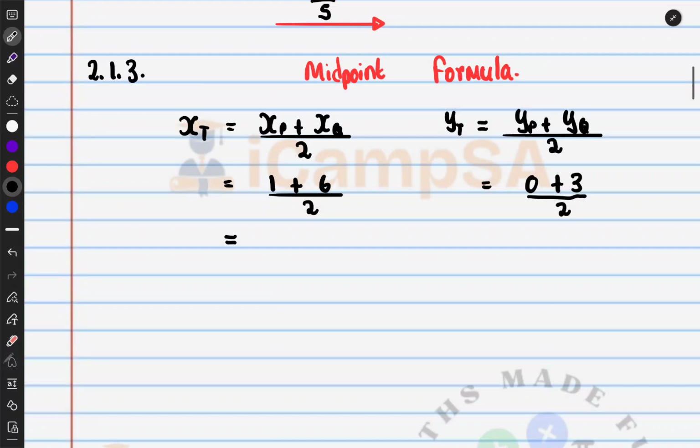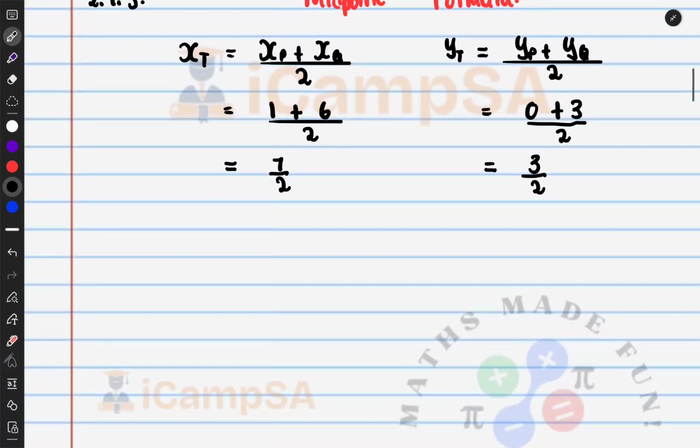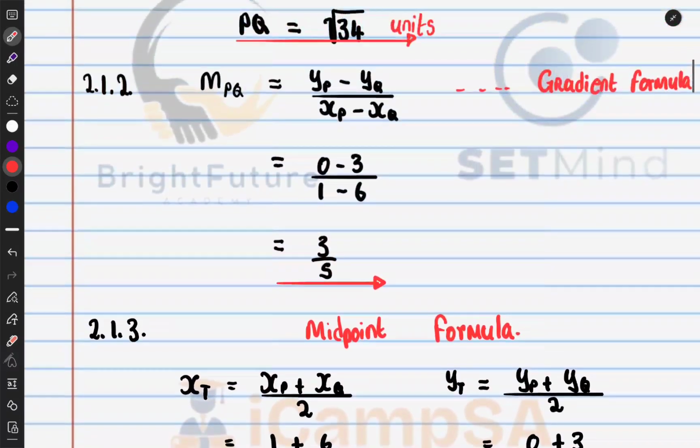Therefore, 1 plus 6 is 7 over 2, and 0 plus 3 is 3 over 2. Therefore, the coordinates of T are 7 over 2 and 3 over 2. Those are the coordinates of T, the midpoint of P and Q.